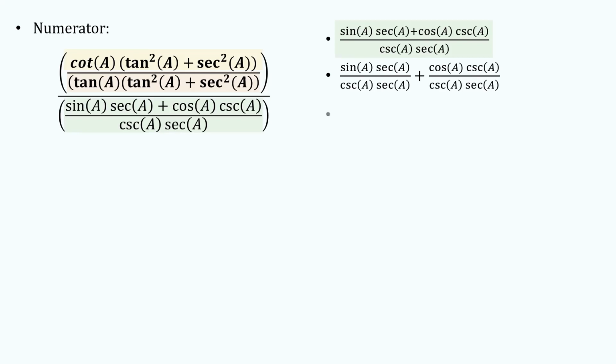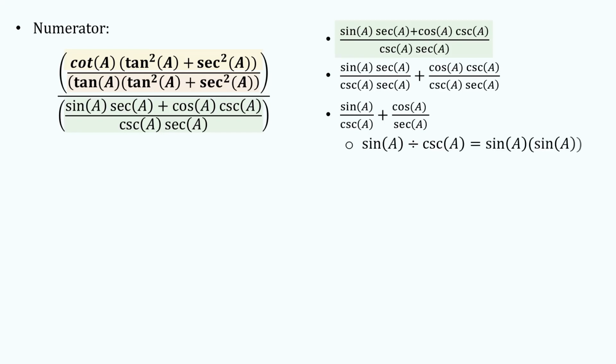Then, after cancellation, the result will be sine of A over the cosecant of A plus the cosine of A over the secant of A. We are to remember that the cosecant is the reciprocal of sine. Therefore, using the division rule of fractions wherein the second term is reciprocated, when dividing a term by its reciprocal, the answer would be the square of the first term.